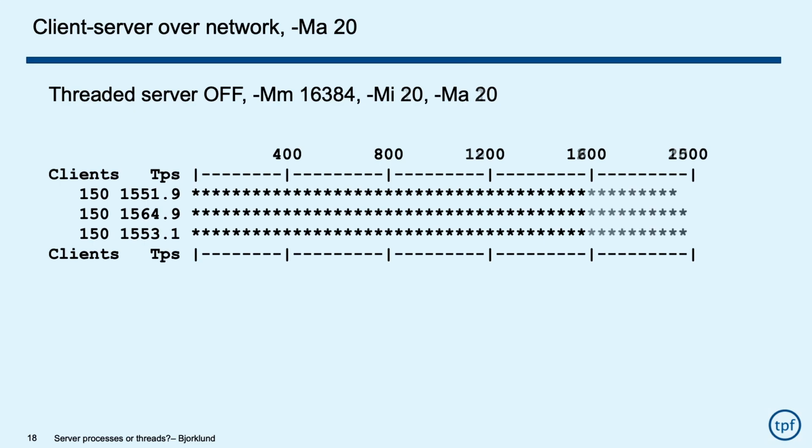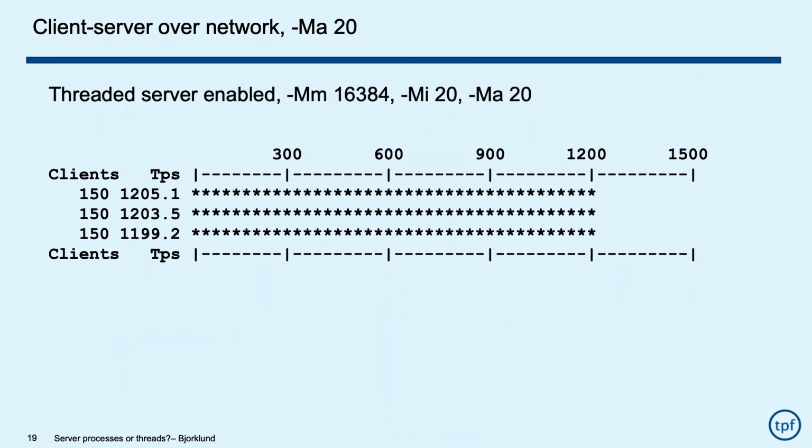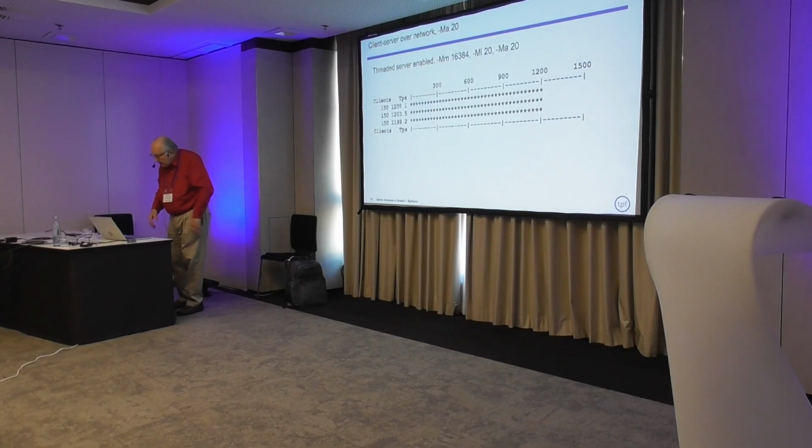Did I just put these in the wrong order? Yeah, there we go. Okay, threaded server enabled for -MA 20. We get 1,200 and some. So it's slightly better, but not much, than the MA 10.